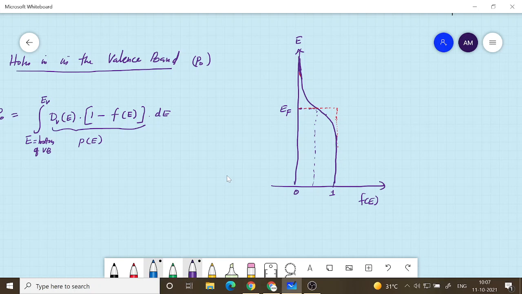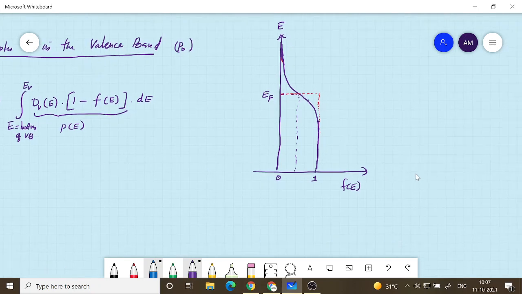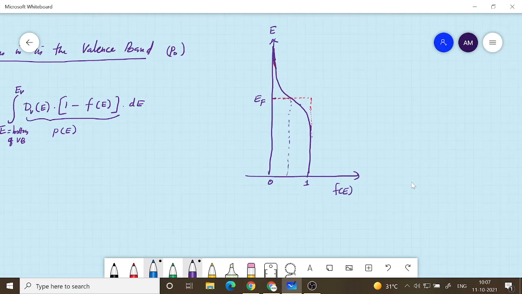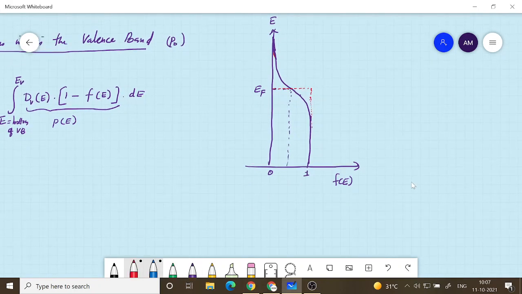So now if I do 1 minus f of E, let me plot it on top of this. If I take 1 minus f of E, what will happen? Wherever it is 1, it is going to be 0. So all these places it will be 0. Wherever it is 0, it will be 1. And where it is half, it will also be half.